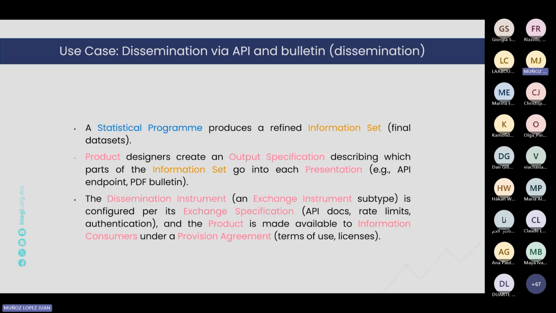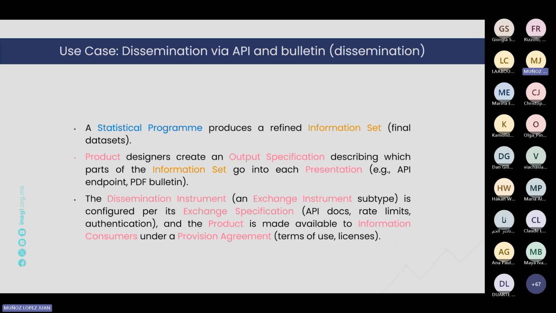Now on dissemination. Once we have processed our data, it becomes a final information set. We then create a product like the monthly report. An output specification defines what parts of the data go into each presentation, such as a table in a report or an API endpoint.